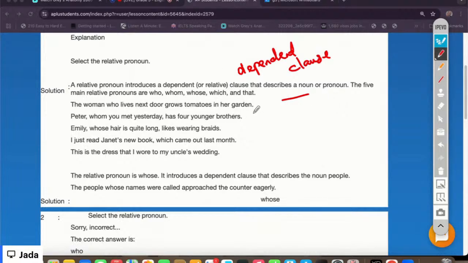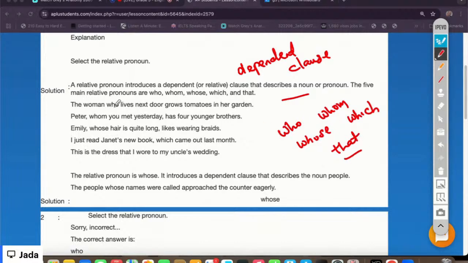The five main relative pronouns are: who, whom, whose, which, and then that.